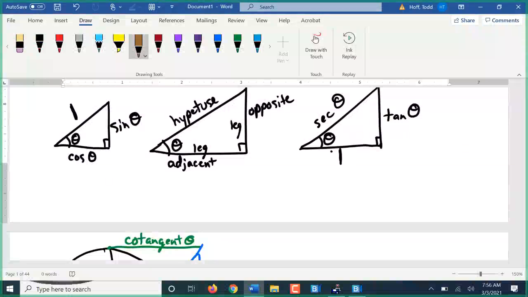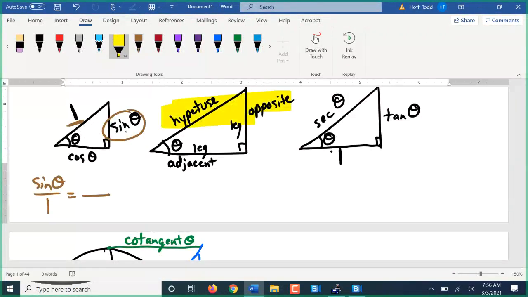Really simple. Let's look at sine first. I'm going to compare it to the 1 that's its hypotenuse. So it's sine over 1. Going over to this triangle here, where I have my sides labeled, which side of that highlighted triangle corresponds to the sine of our first triangle? Sine, it would be the opposite side.